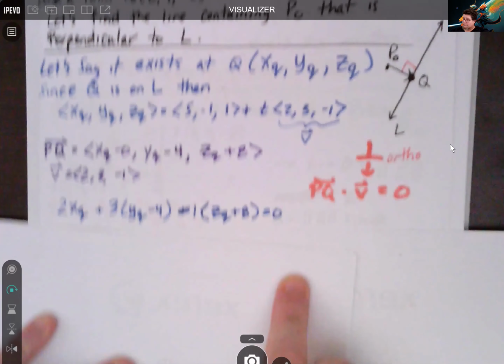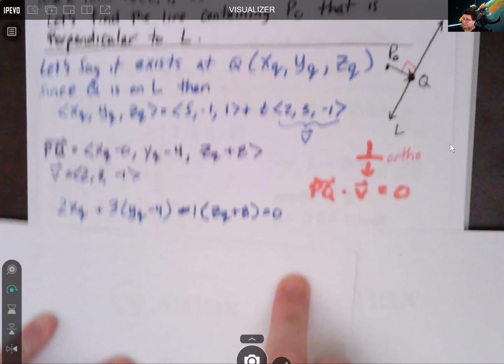Okay. So we want to write the line perpendicular to L. We're going to use that vector. We now have a vector and the starting point. So we can do P of T equals P naught plus TV. This is going to be our V now for that line, and P will be our P naught.